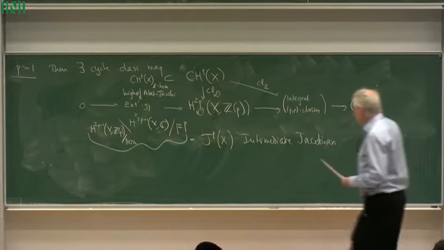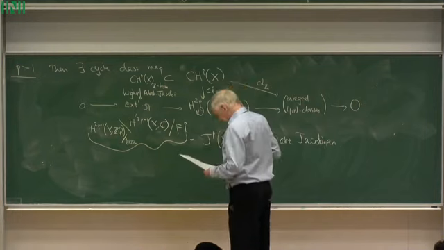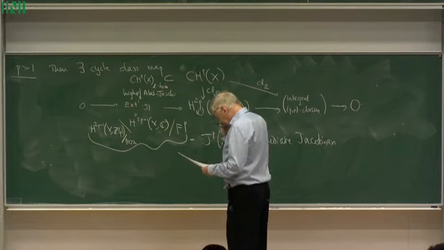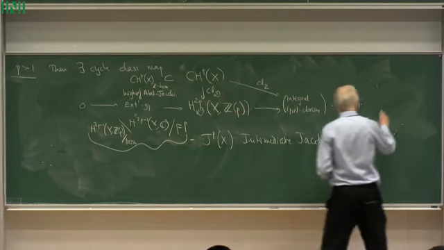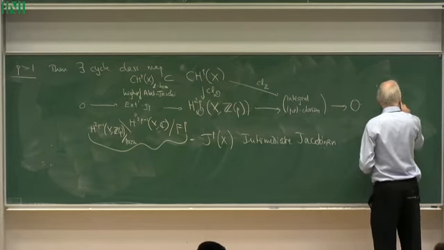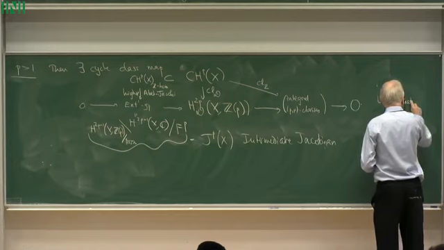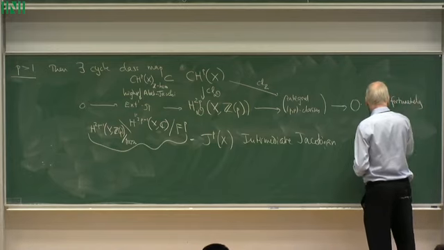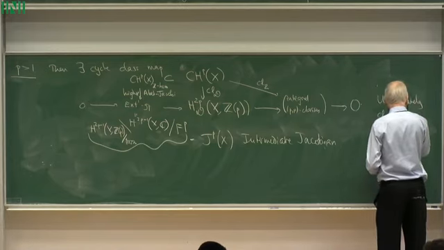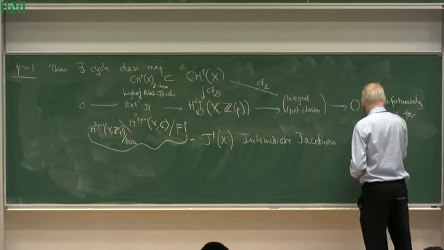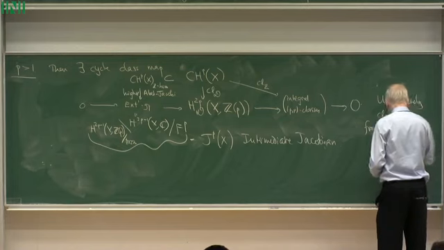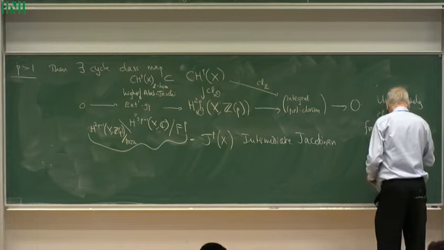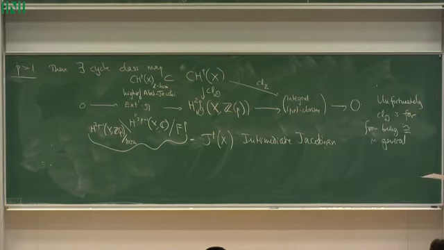So it can have a huge kernel, and it can also have a cokernel. So let's just say, unfortunately, cl_D is far from being an isomorphism in general.